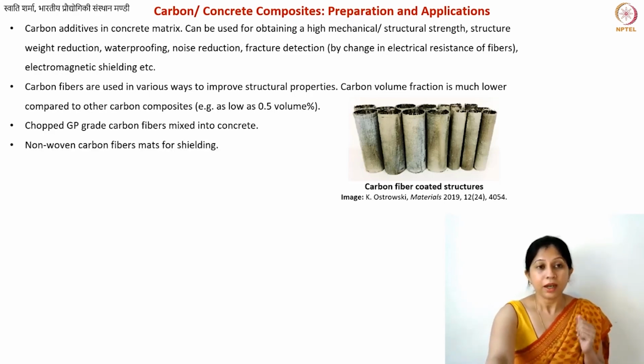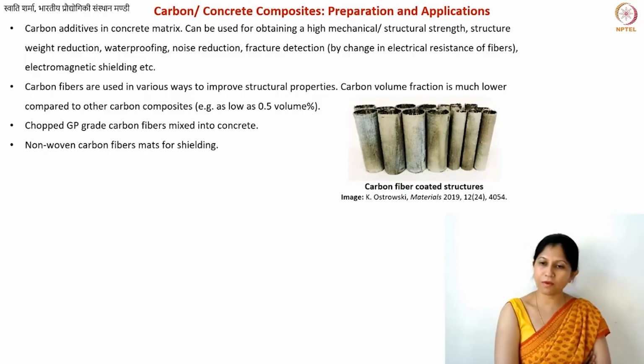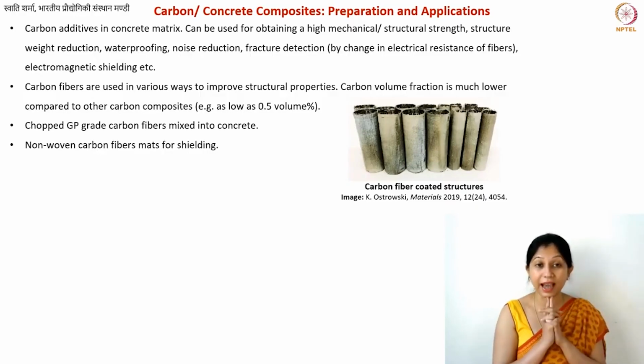Okay. Now you can also have non-woven carbon fiber mats. Why non-woven? After electrospinning, or after melt spinning also, what you get, as-spun mats, are basically known as non-woven mats, where you are not doing any braiding and you're also not preparing the fabric. Non-woven mats have randomly oriented fibers, so they actually can be used for electrical shielding of the walls.